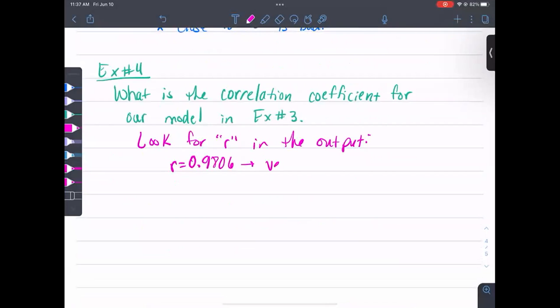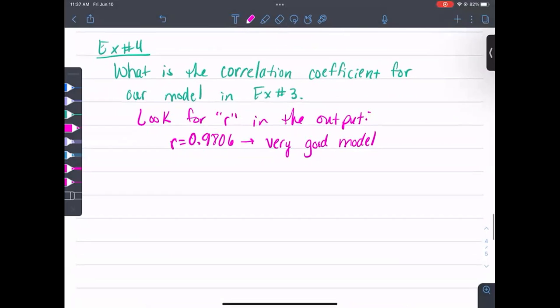So this is a very good model because our number is almost 1. Okay. So then once you know it's a good model, you can make predictions about the future. So our data took us all the way to 2011. We want to predict what the value will, no, it took us to 2016, sorry. We want to predict the value for 2015, which was missing from our table.